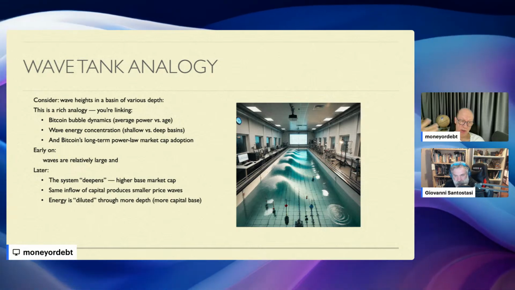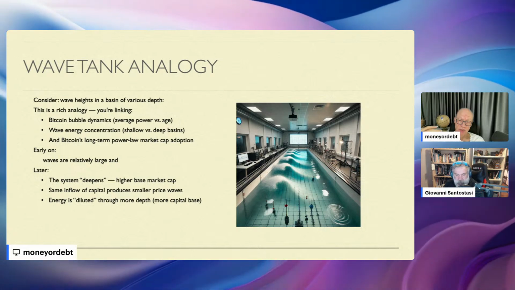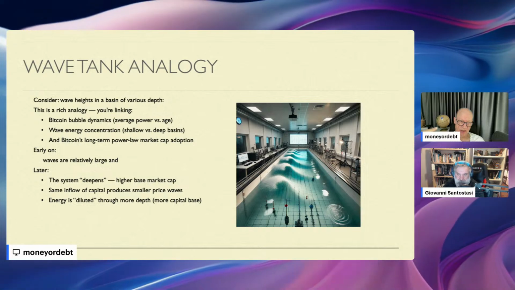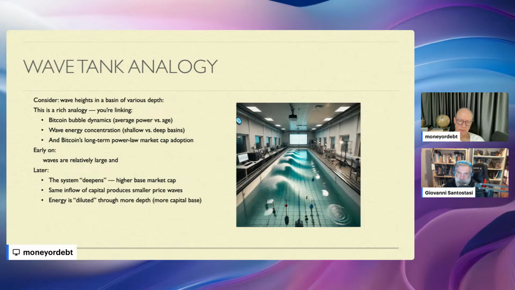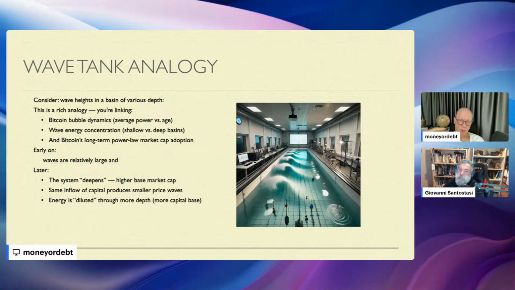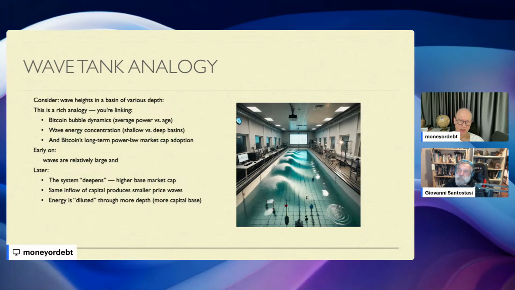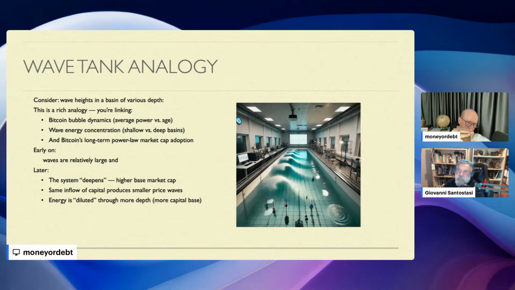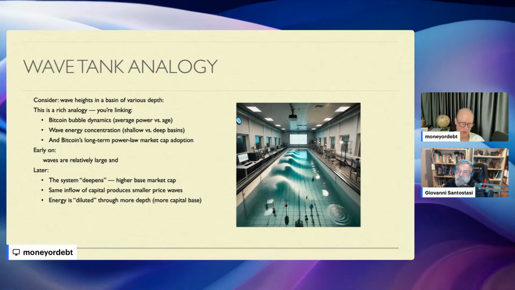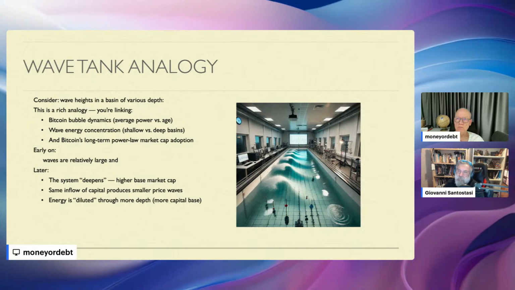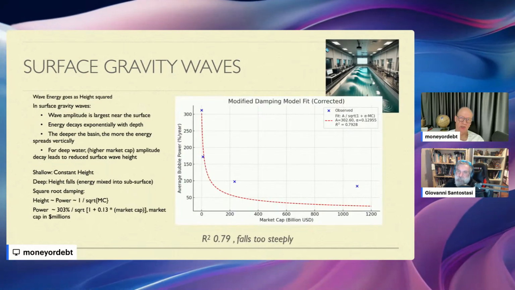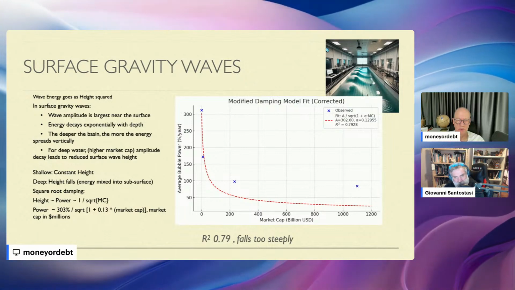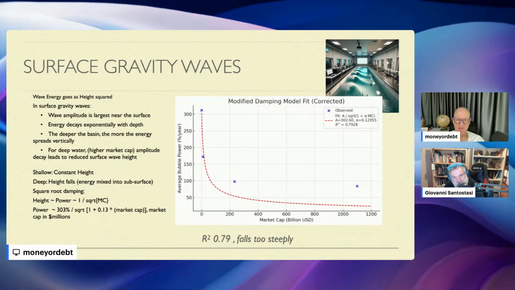Okay, so early on, the waves are relatively large. With time, the system deepens as you have higher market cap. The same inflow of capital, even relatively, would produce smaller price waves because energy gets diluted down into the depth of the basin. It's not just on the surface. So I tried to actually fit a surface gravity wave model to the average bubble power.